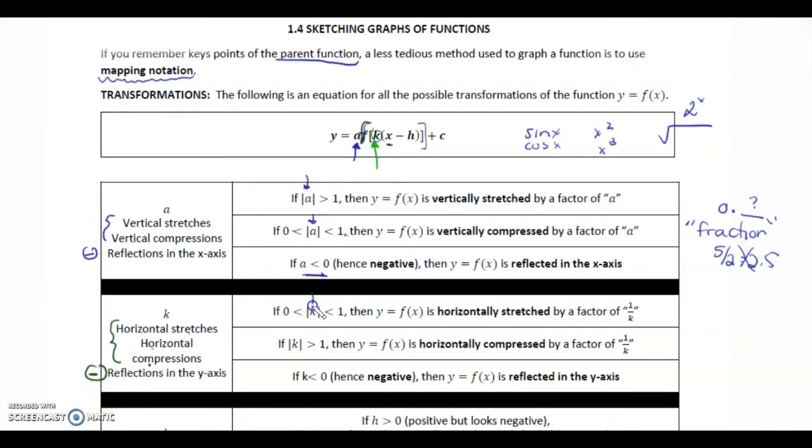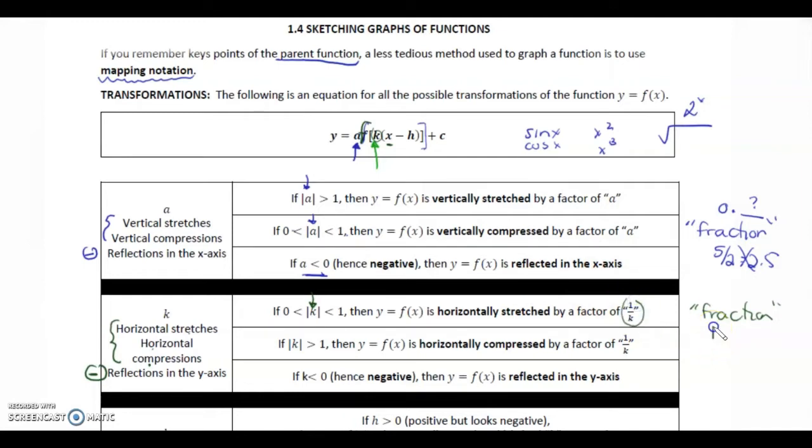So if the absolute value of k, just looking at the number portion, is between 0 and 1, quote unquote a fraction, then our function is horizontally stretched by a factor of k, but by a factor of the reciprocal.